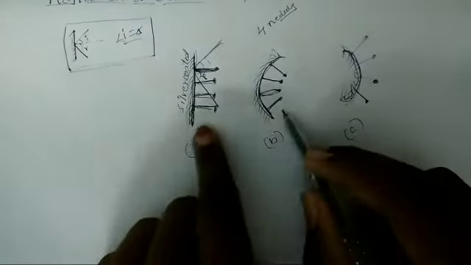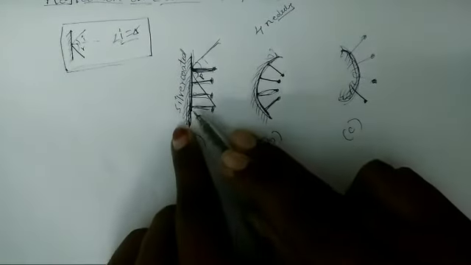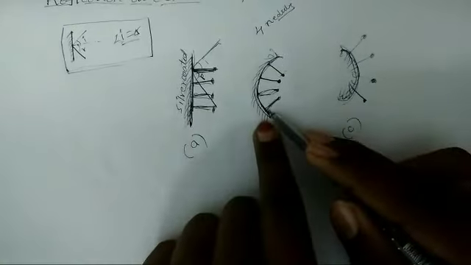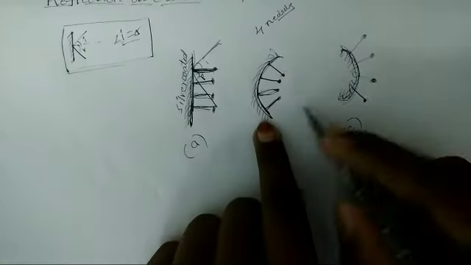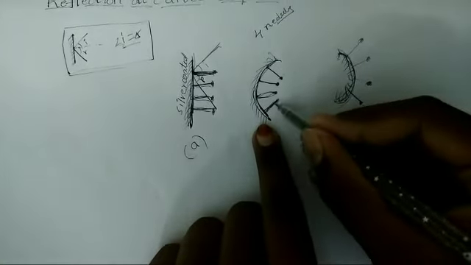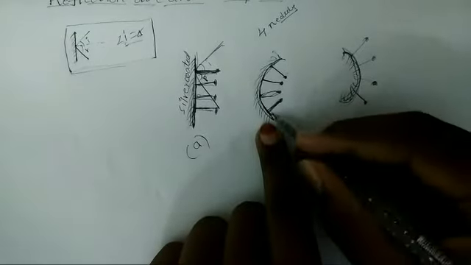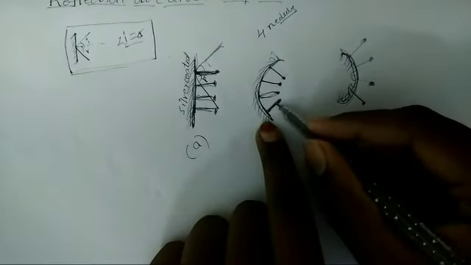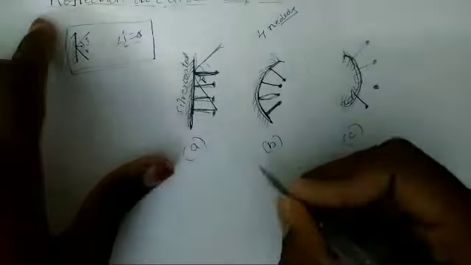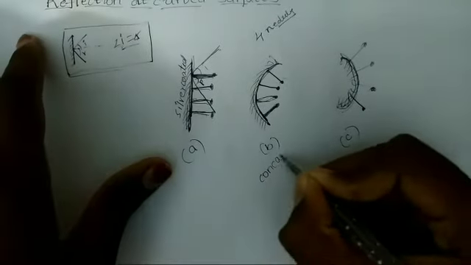See here, the place of the needle is like this, but there is a change in the needle. This is the change of the needle, and here this is the normal to the concave mirror.